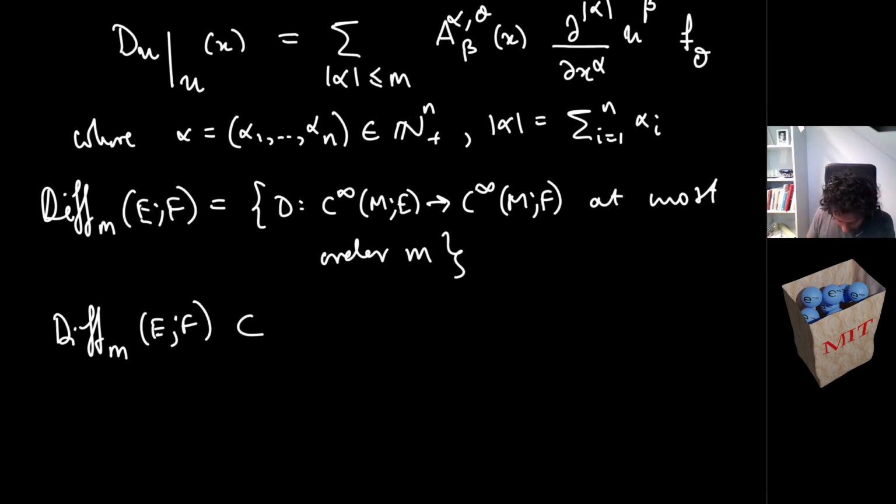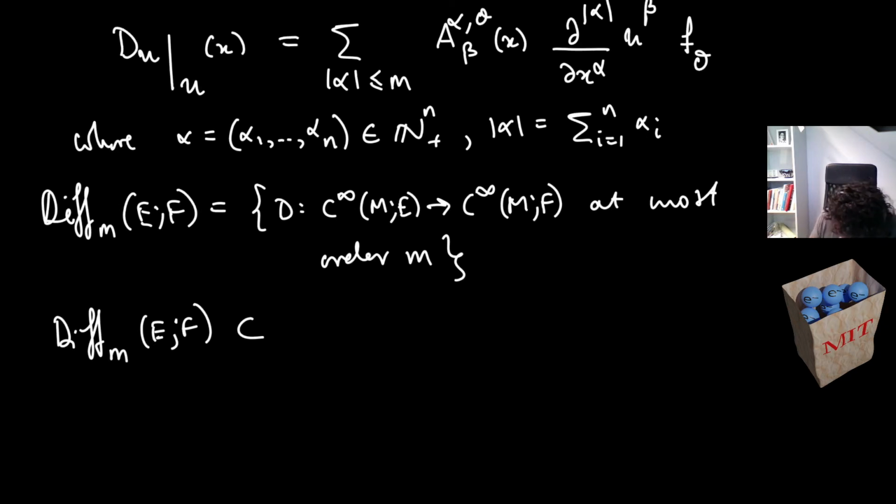So I should say that this is the end of the definition here. So a differential operator of at most order M is clearly a differential operator of at most order M plus 1, because we can just choose these functions to be smooth.